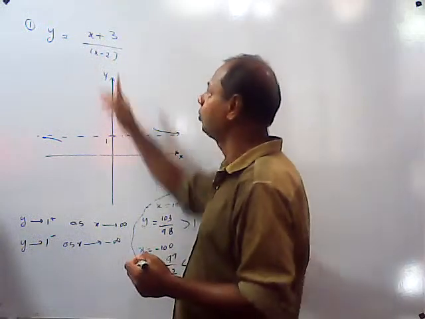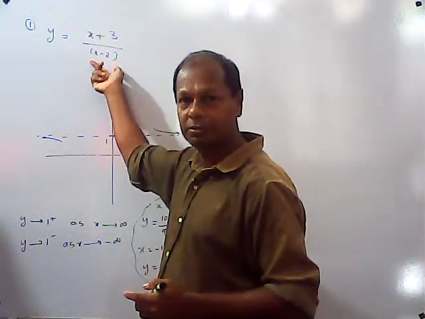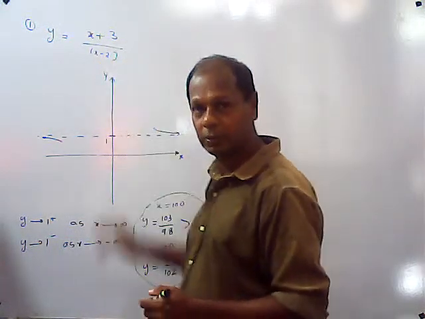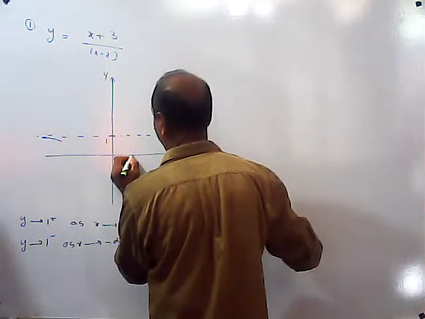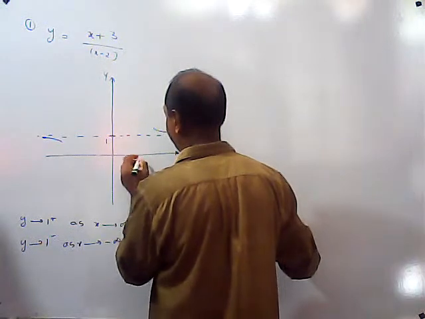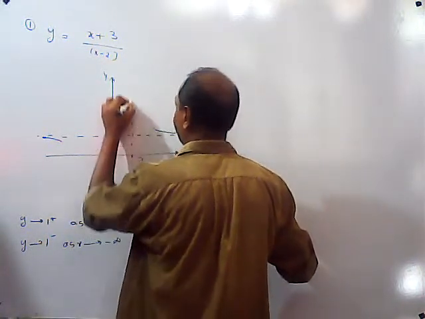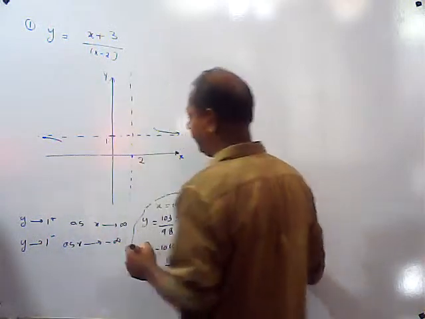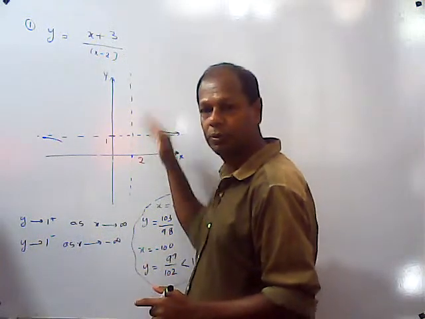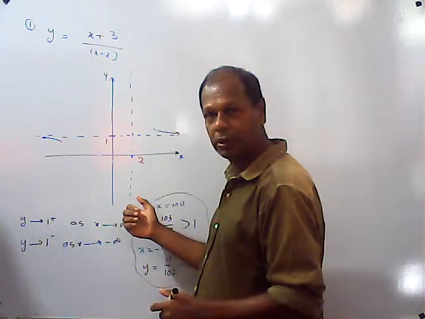Then vertical asymptote. For a vertical asymptote, the requirement is denominator equals 0. So this denominator is equal to 0 when x is equal to 2. So we know that as x gets closer to 2, y will go to positive infinity or negative infinity.